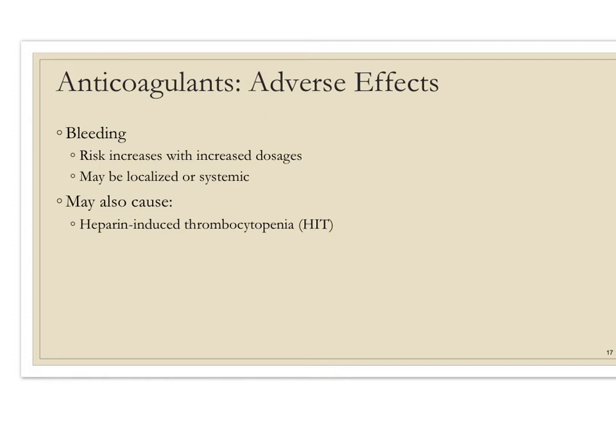And so we want to make sure that we are telling these particular patients what to watch for when they are sent home on an anticoagulant, and that it does increase their risk for bleeding. We also need to be aware that these drugs could cause what is known as heparin-induced thrombocytopenia. Hopefully you know what thrombocytopenia is, but that is a low platelet count.